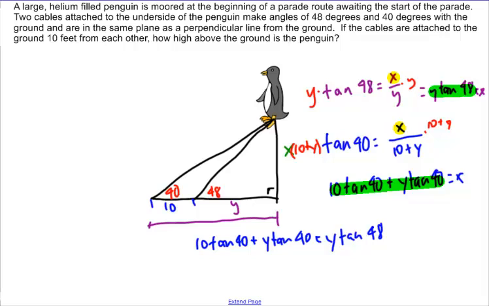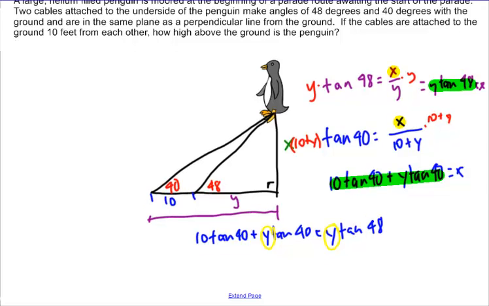So this is the actual problem we're going to deal with. And now I've only got one variable to solve for, and that's going to be the y's. So in order to do this, we'll get all the numbers on one side, we'll get all the y's on the other, and then we'll be able to do some math and go backwards. So to do this, I'm going to go ahead and subtract y tangent 48 from both sides.